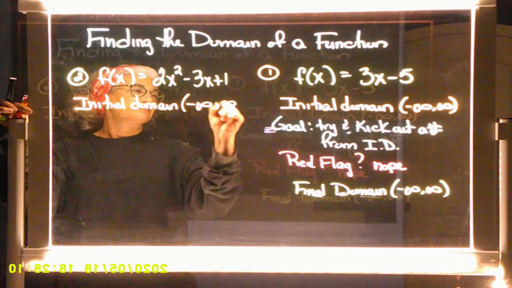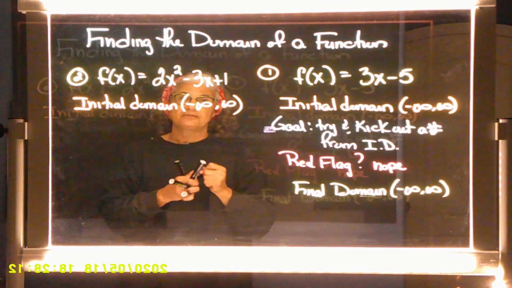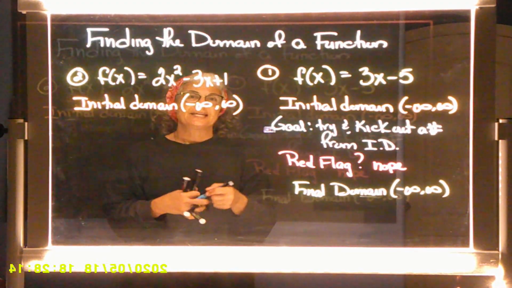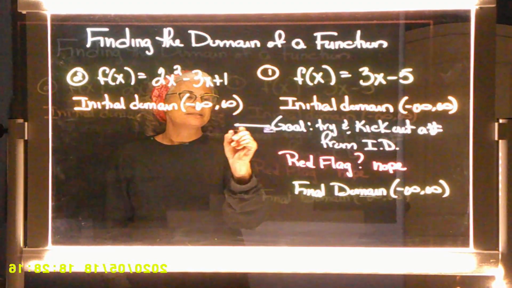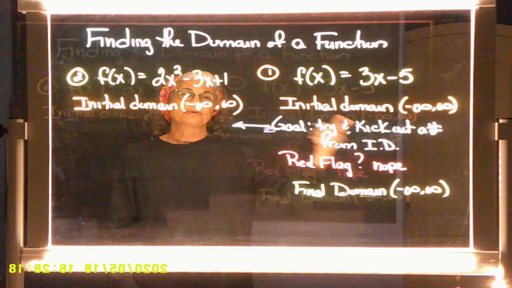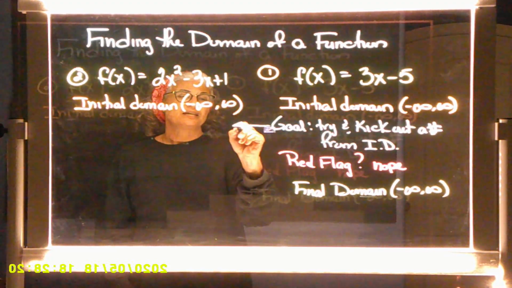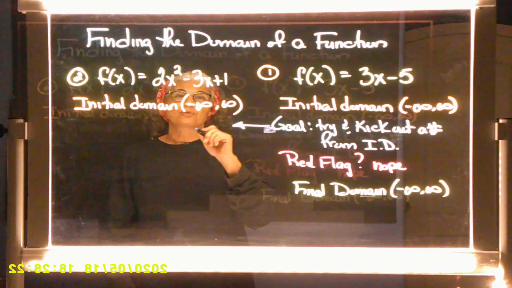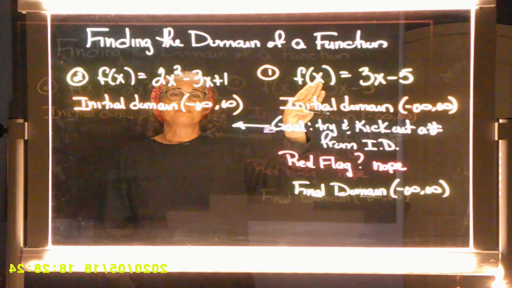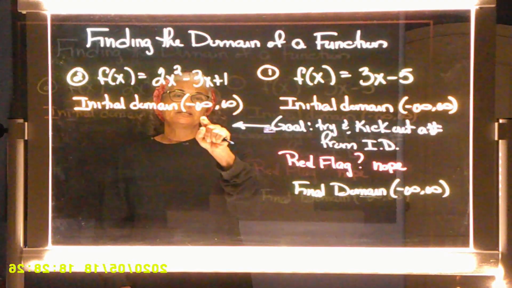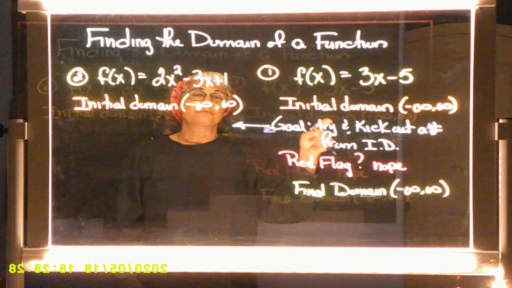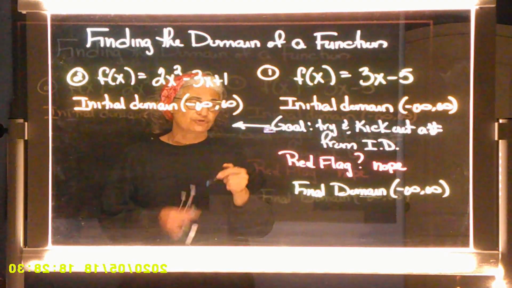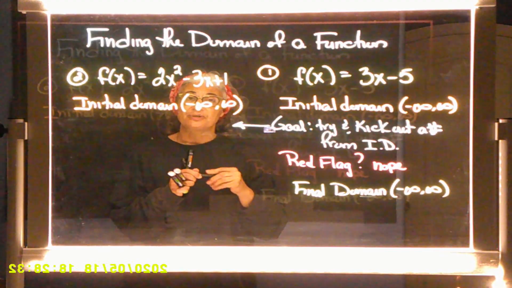Are you with me? Cool. And what's my goal? My goal is to see if I'm going to kick any number out of that initial domain. This goal remains the same, regardless of what it gives me.